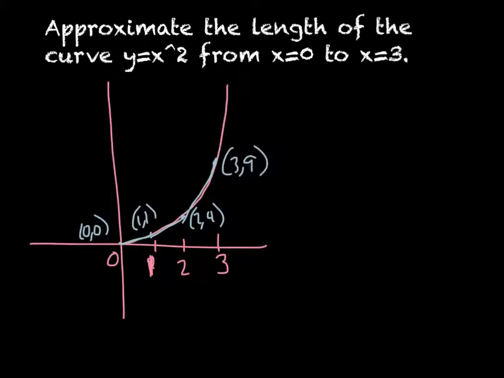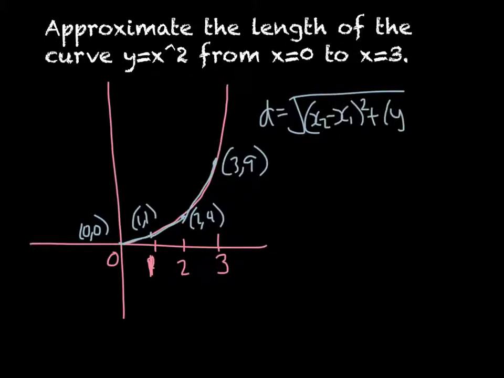Let's find the length of our first line from 0, 0 to 1, 1. We can just use the distance formula d equals the square root of x2 minus x1 squared plus y2 minus y1 squared. So if we plug that into our formula, we find that d equals the square root of 2.